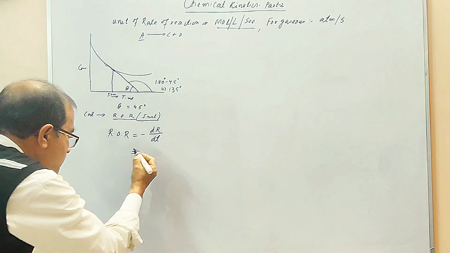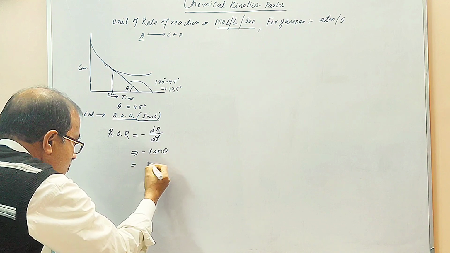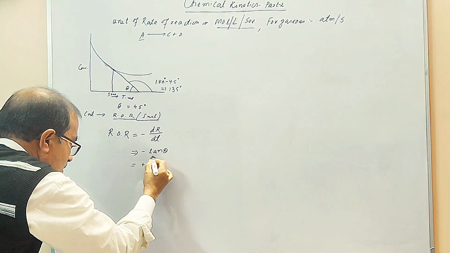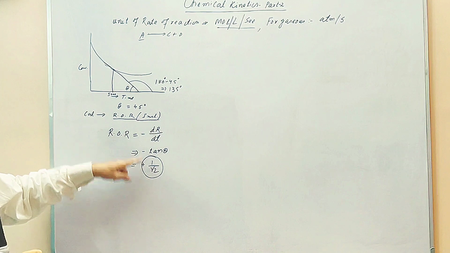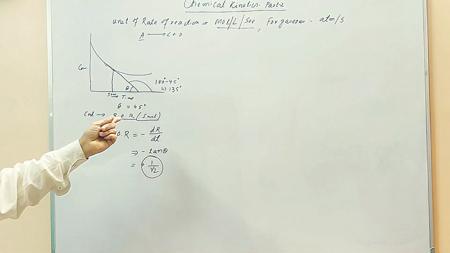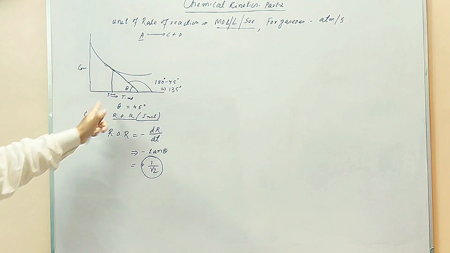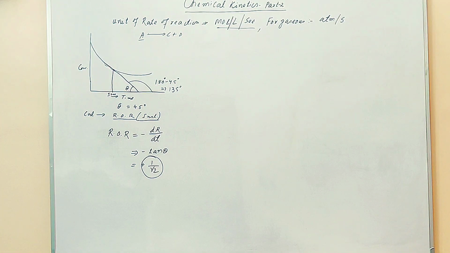So we can write minus tan theta, and we know tan 135 is minus 1, so the instantaneous rate of reaction will be this. If the slope changes, suppose the slope is given as 30, then it will be different. If you are given 60, it will be different. Accordingly, we have to calculate. So this is the way we can calculate the instantaneous rate of reaction. Now, very interesting thing we will do.